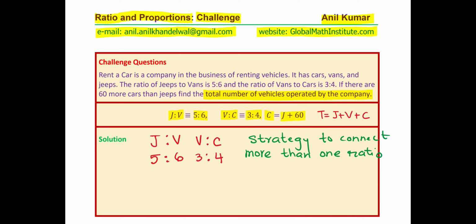Whenever you want to connect ratios, there should be something which is equal in both the cases. So here we have vans, right? We can make these numbers the same. So that is the strategy.